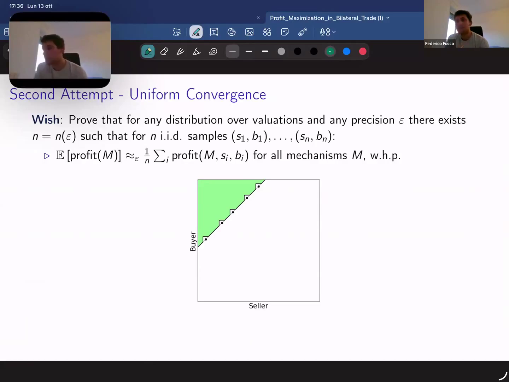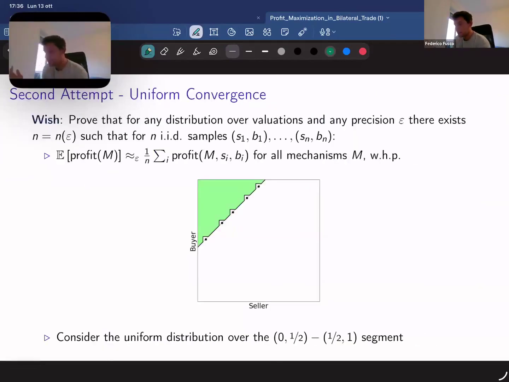Now, the first natural attempt in this scenario could be to get some kind of PAC learning result, meaning that you would like a statement that says something like, for any precision epsilon, there exists a number of samples n of epsilon, such that if you get n i.i.d. samples, you can estimate correctly all the mechanisms. Actually, we have a super simple example where this is not possible for bilateral trade.